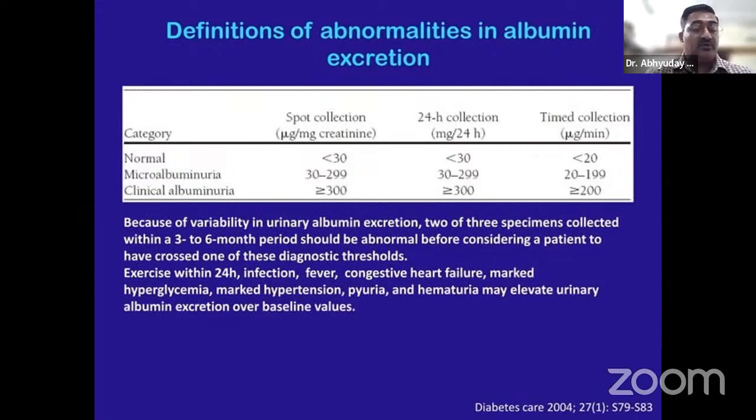Vigorous exercise within 24 hours, any infection, including a urinary tract infection, fever, congestive heart failure, marked hyperglycemia, marked hypertension, pyuria, hematuria may elevate urinary albumin excretion over baseline value. So these should be taken care of while collecting the urine sample for albuminuria, and then we can label it as micro or clinical albuminuria, and definitely 2 of the 3 samples should be positive within a span of 3 to 6 months.